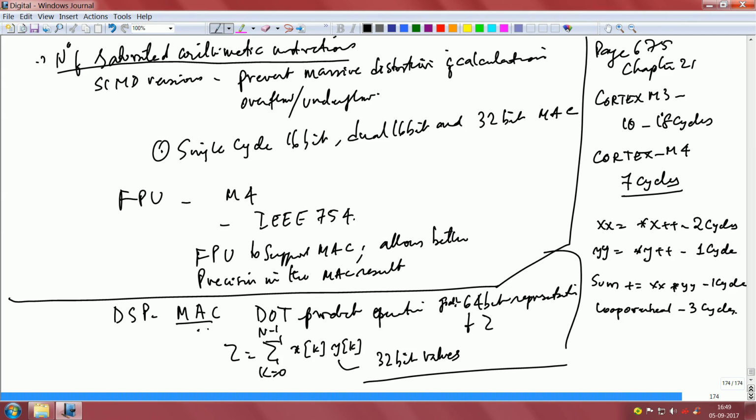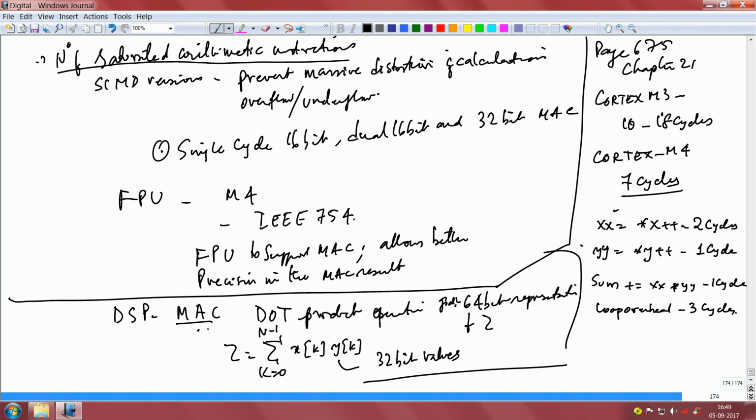Essentially this is fetching data from memory and incrementing the pointer, fetching data and incrementing the pointer. Then the next fetch, yy is the next fetch.